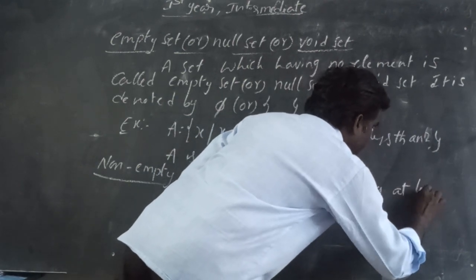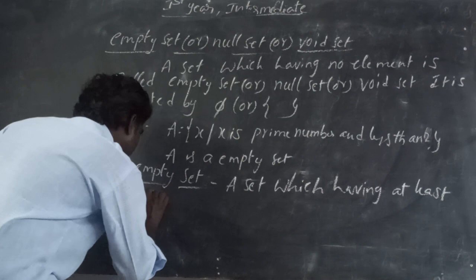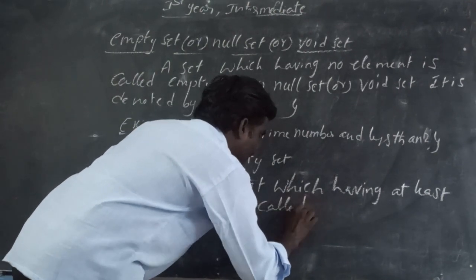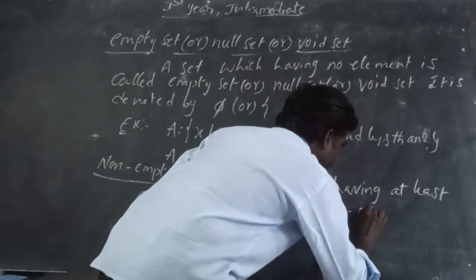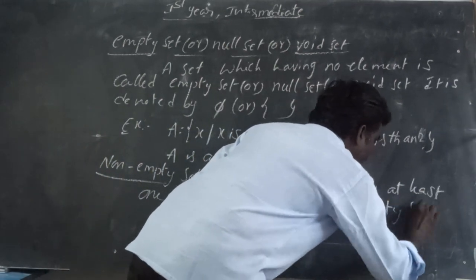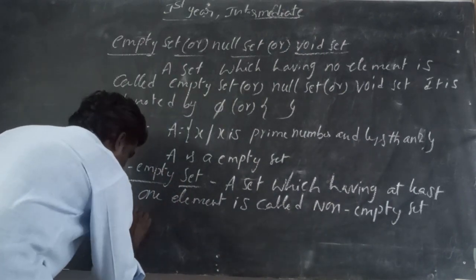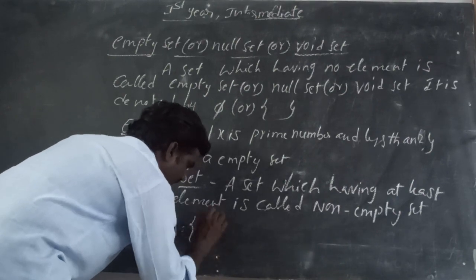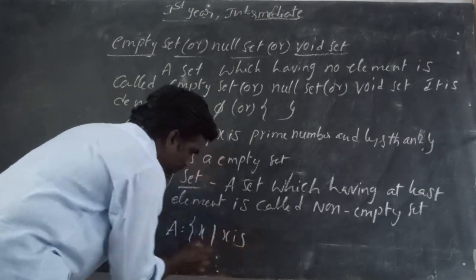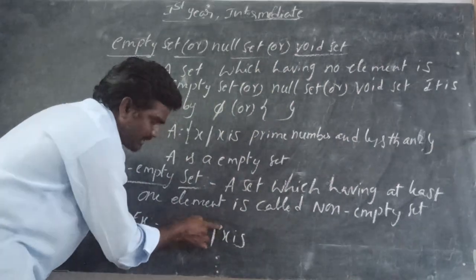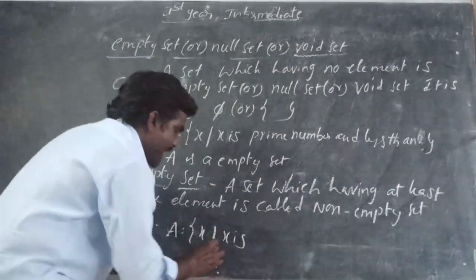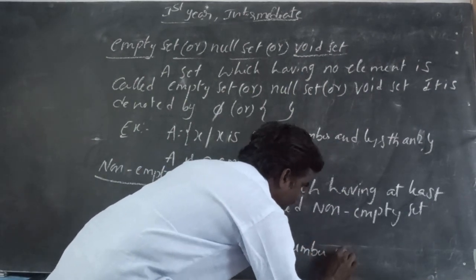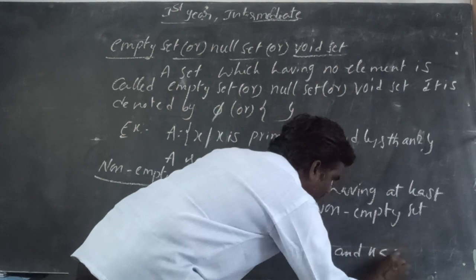For example, A = {x such that x is an even number and x is less than 5}.